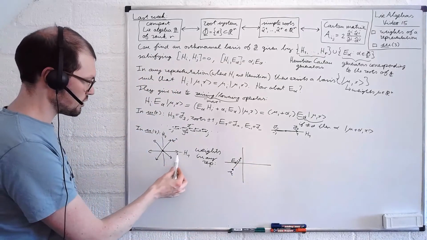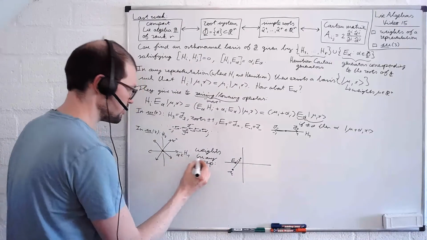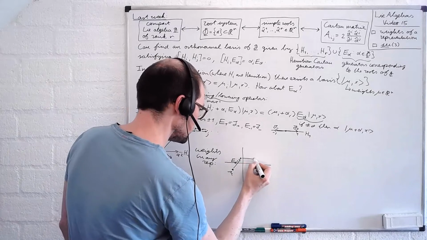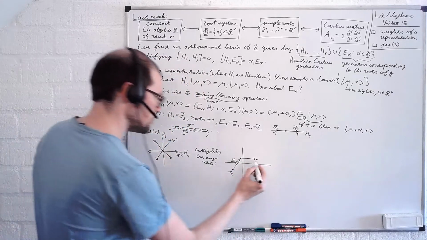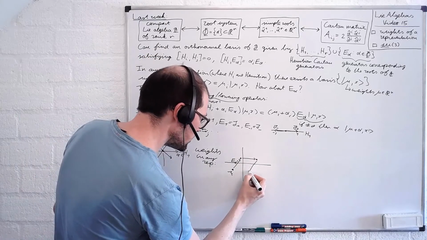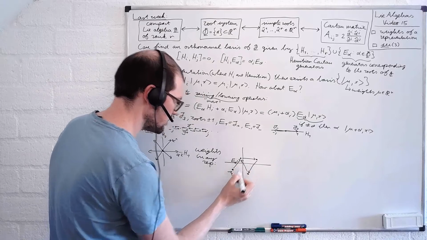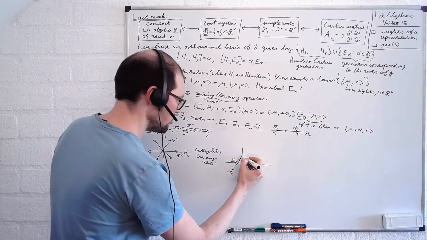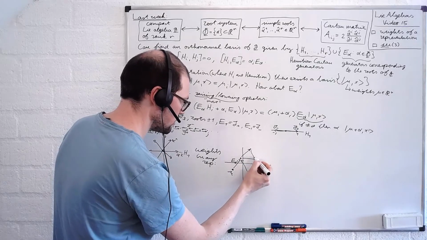But I can also act on it with a different root. So maybe this is alpha 2. So we'll move it there. Or I can use this one, I will move it down here. I can move back, if you like, using this root. Maybe I can go further up, here, down there.